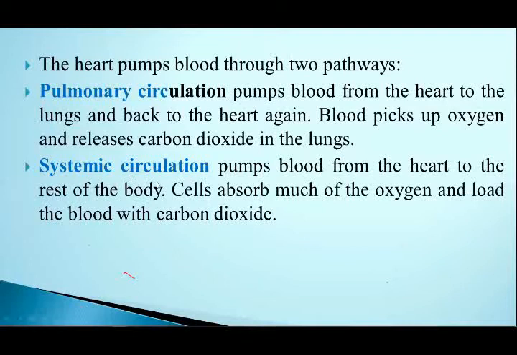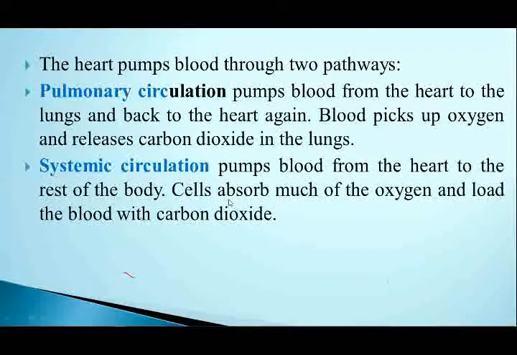Now if you come to the systemic circulation, what will you see? Systemic circulation starts from the ventricle. Which ventricle exactly? Left ventricle. We will see that. Systemic circulation basically pumps the blood from the heart to the rest of the body, thereby supplying all the necessary items required by the cells.